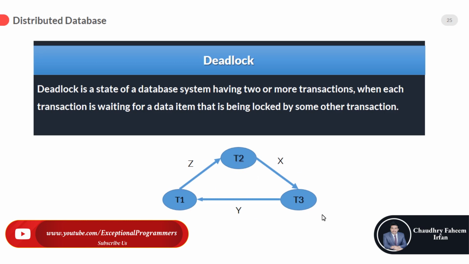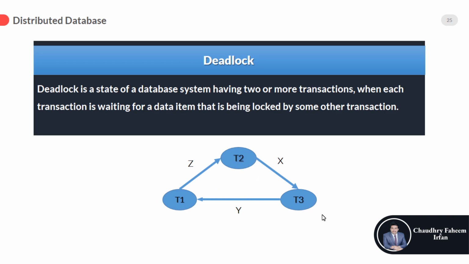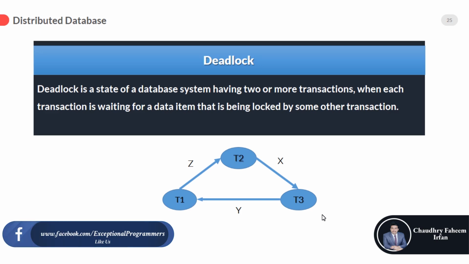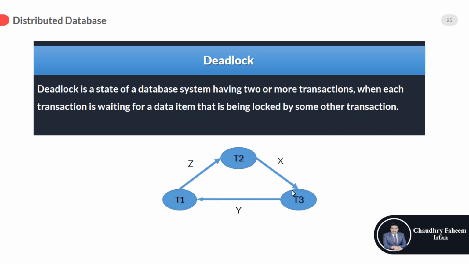For example, in the following wait-for graph, transaction T1 is waiting for data item Z, which is locked by T2. T2 is waiting for X, which is locked by T3, and T3 is waiting for X, which is locked by T1. So all the transactions are locked by each other.